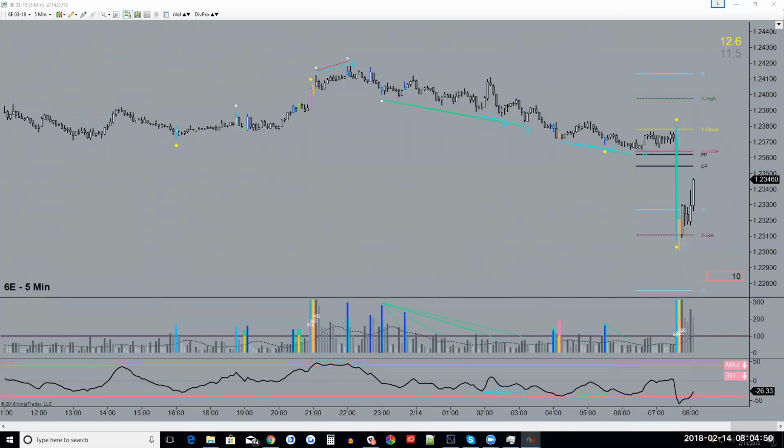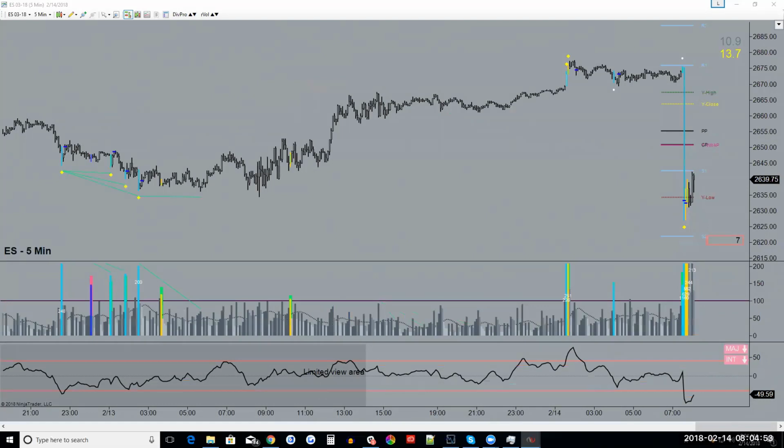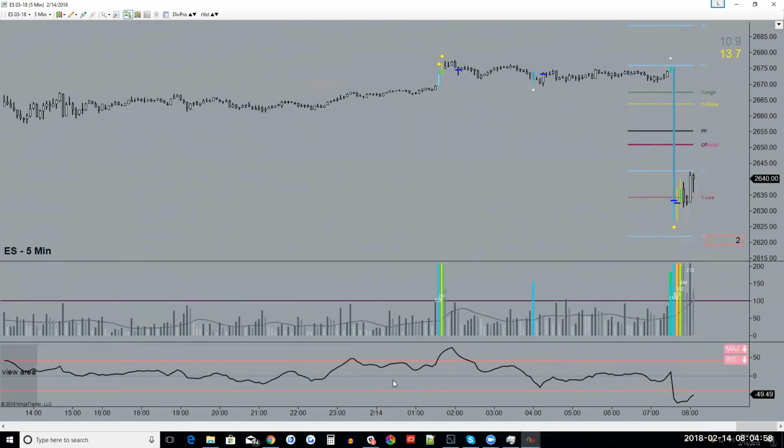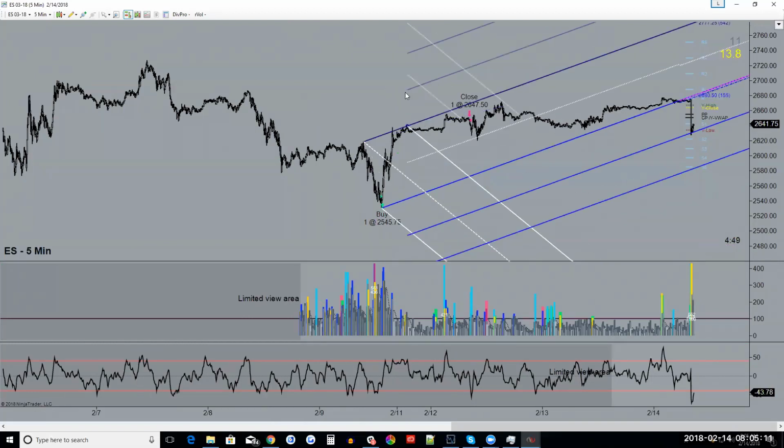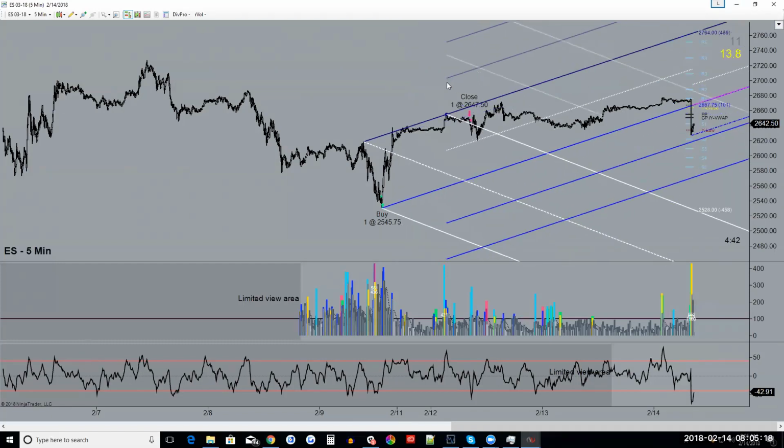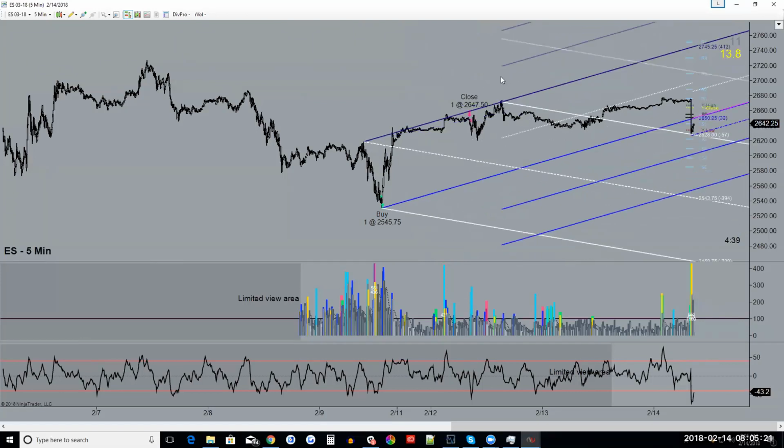Yeah, it looks like it's going. No, I guess maybe that's a little interesting.